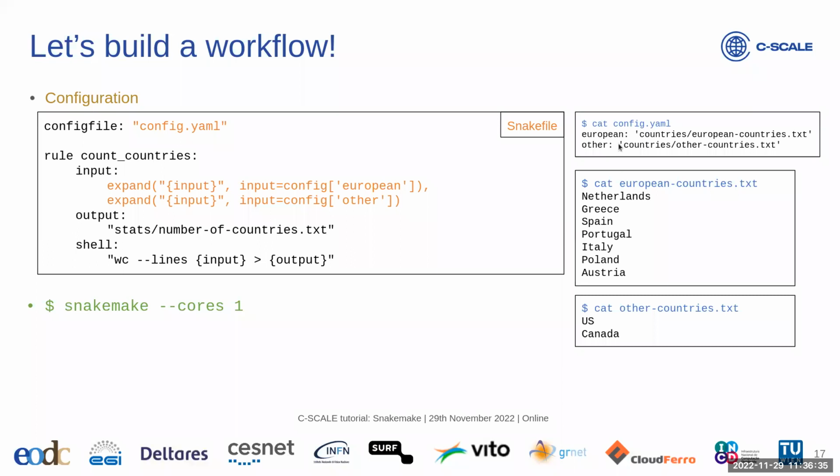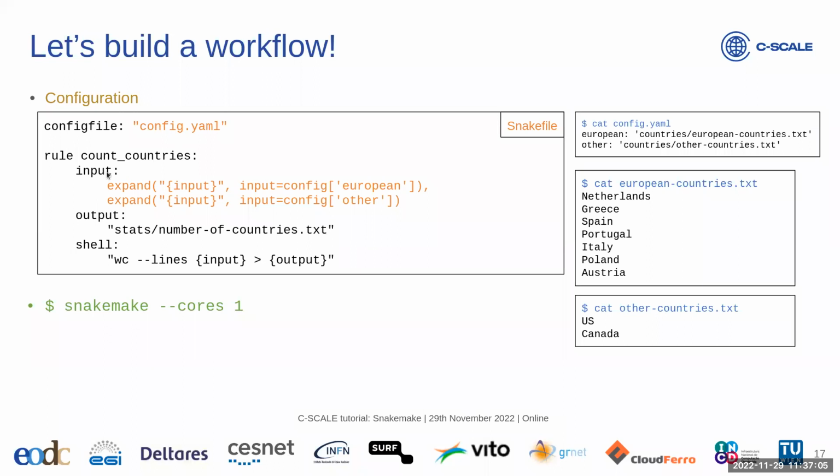You can have, for example, for the working example that we are discussing now, two entries, like European and other, and this is going to be translated into a Python dictionary where this is going to be the key, this is going to be the value. And globally inside the Snakefile, the dictionary is going to be called config, and therefore you can access it as a standard Python dictionary.